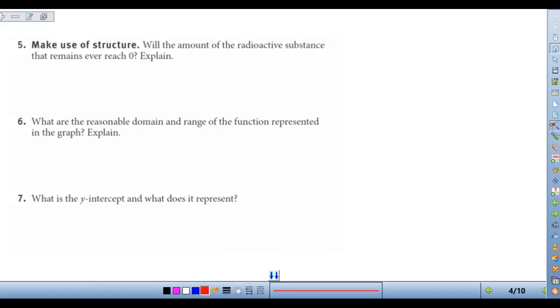So next question is, will the amount of radioactive substance that remains ever reach 0? No, it never will, because it's just going to keep getting smaller and smaller and smaller. It's going to keep cutting in half. Just keeps dividing in half.